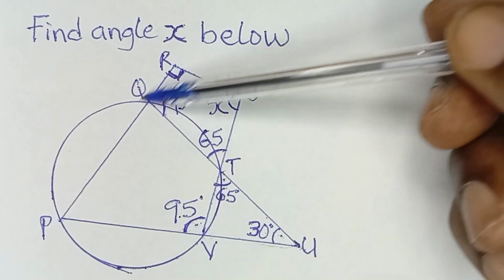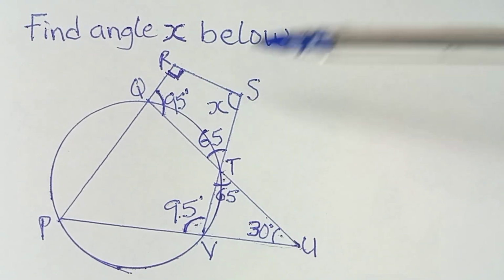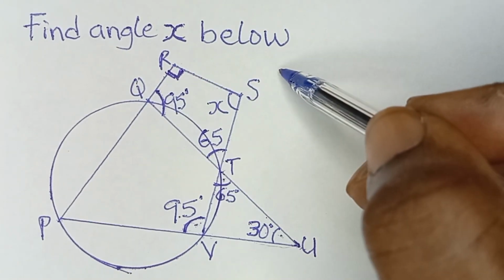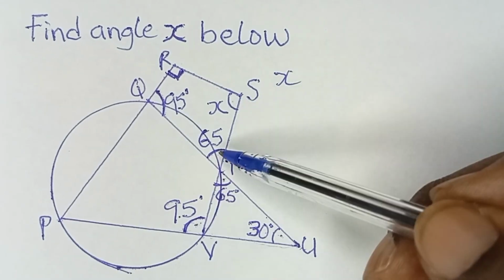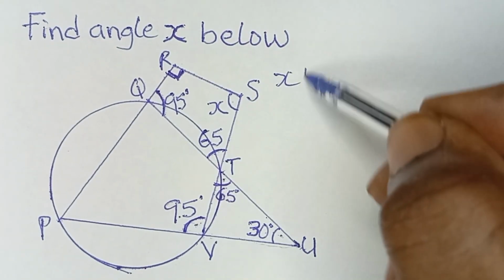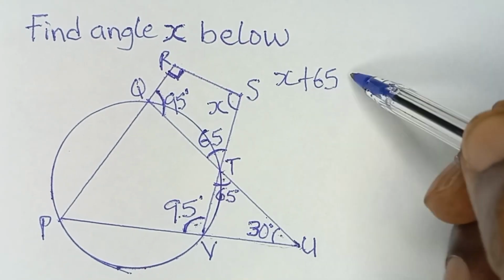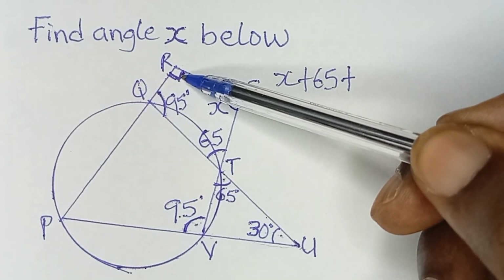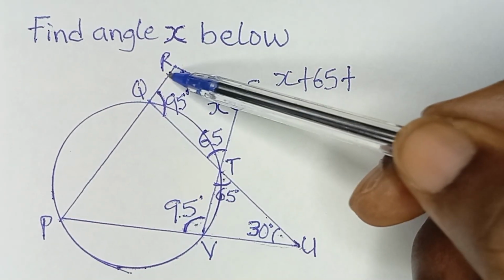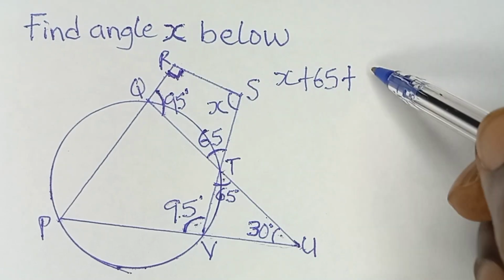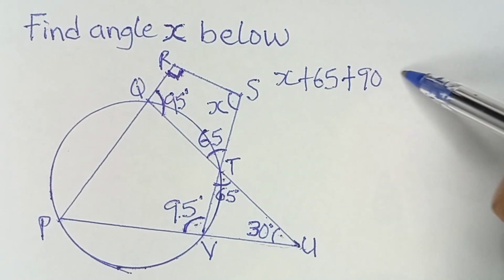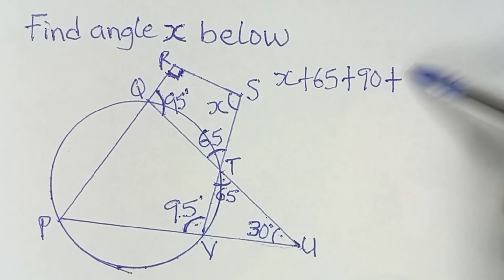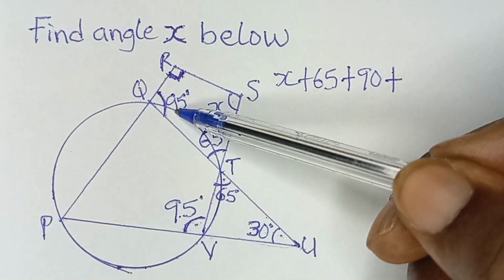So from there now, we can take this smaller quadrilateral outside the circle to find the value of angle X. And you agree with me that angle X, which is this angle, plus angle 65, plus this angle here, which is equal to 90 (this small box means that this angle is 90 degrees), so plus 90, and then plus this last angle, 95.